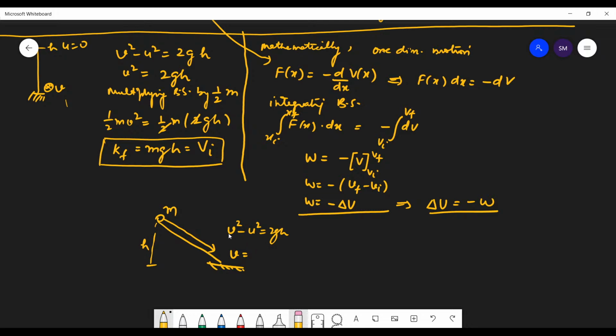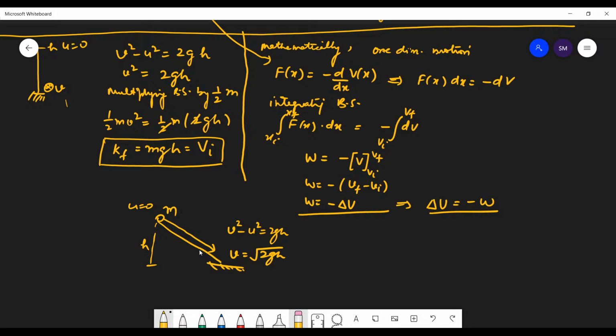So u is 0 here, so v square is equals to 2gh, and v is equals to under the root 2gh. So if the work done or the kinetic energy, so here this kinetic energy does not depend on the path taken.